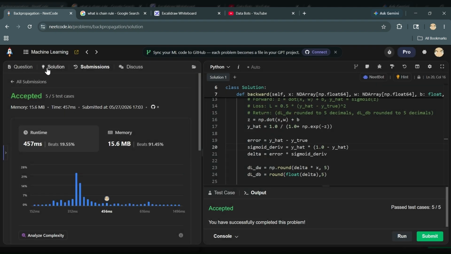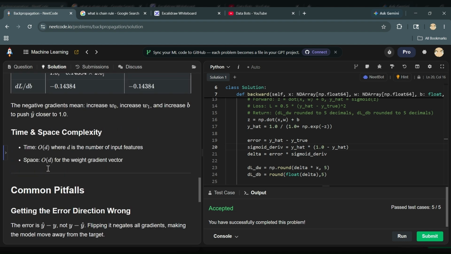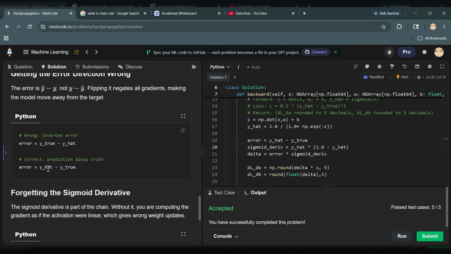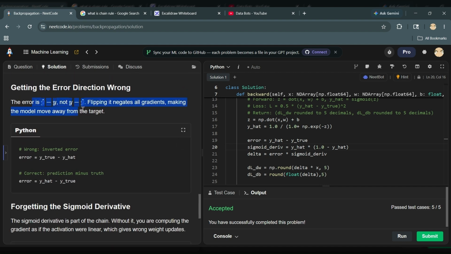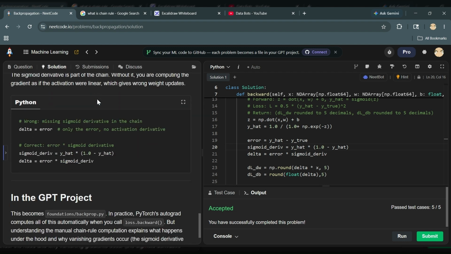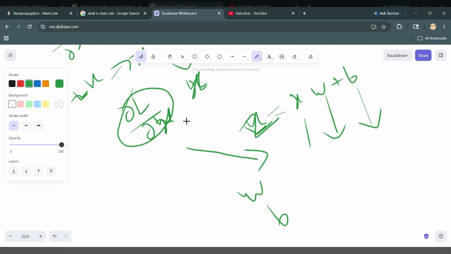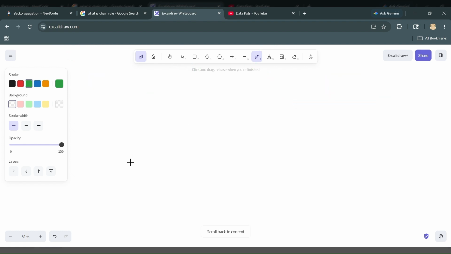So this is the back propagation, and here we have a table of how each of these is calculated. If you connect the dots, we can get into this, and this is the pitfall I'm talking about. We just need to flip the gradient so that we don't go the wrong way. This is not really important when we are training things, but knowing it is important.